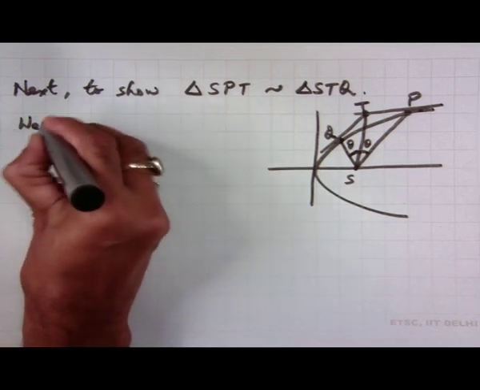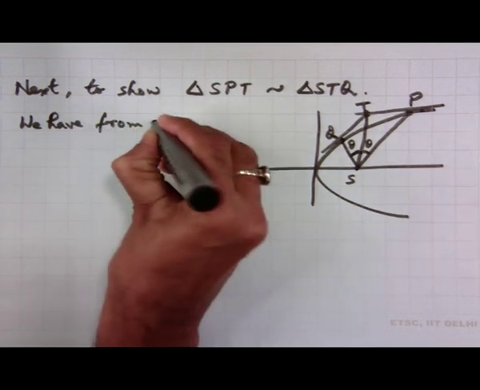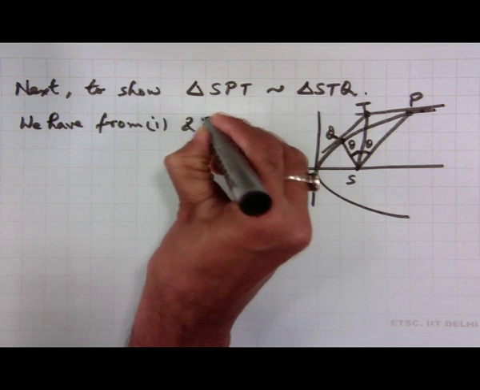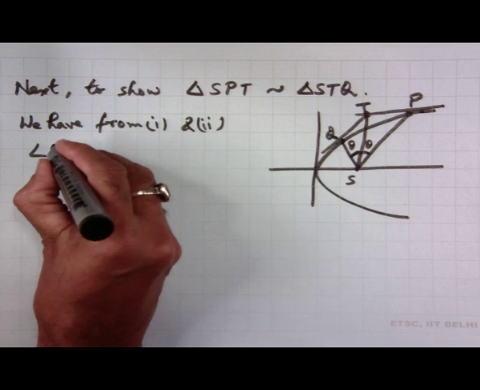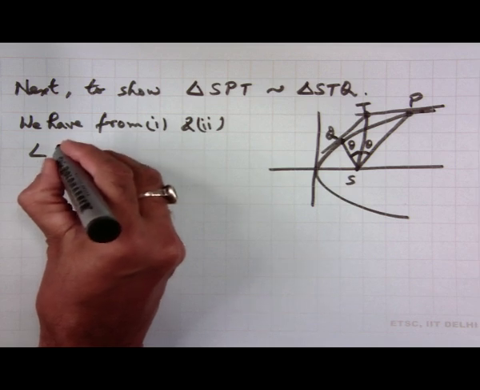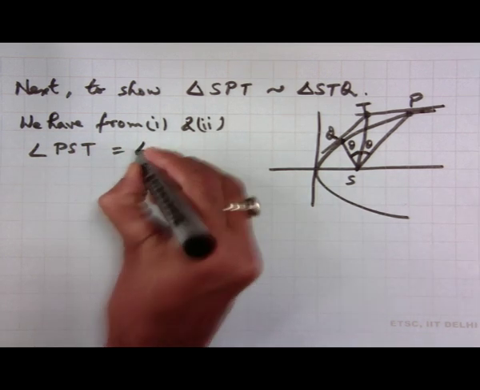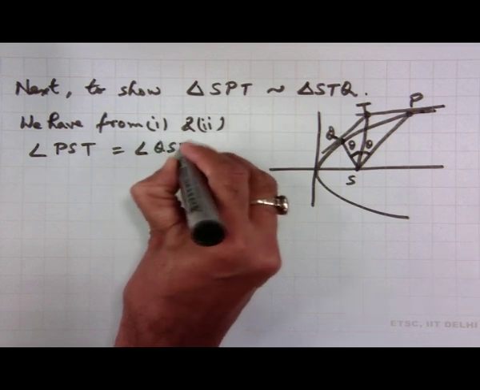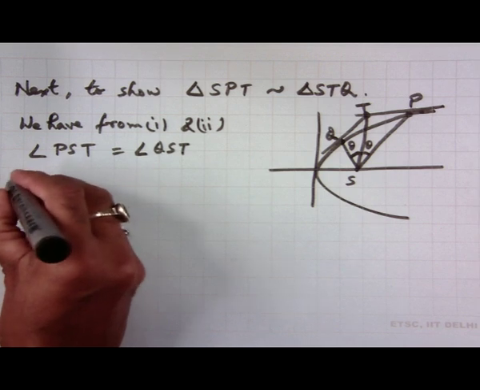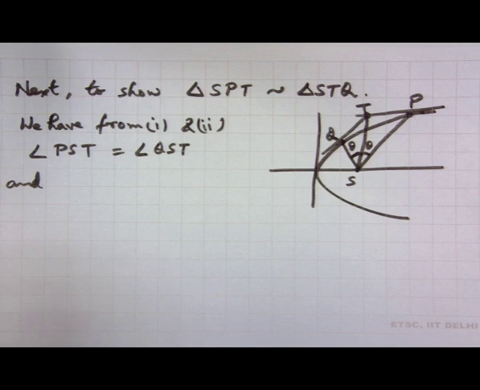So, we have from 1 and 2, angle PST is equal to angle QST, and also we have ST square is SP times SQ.